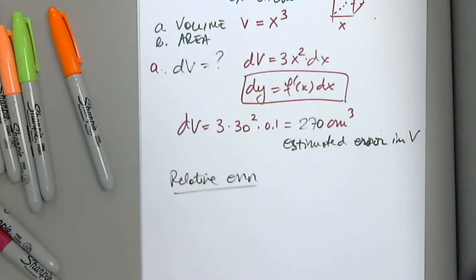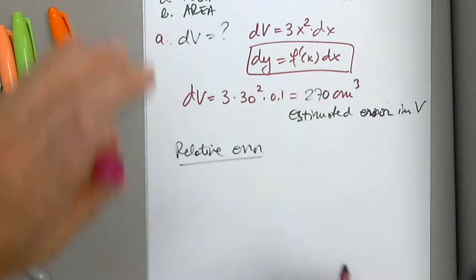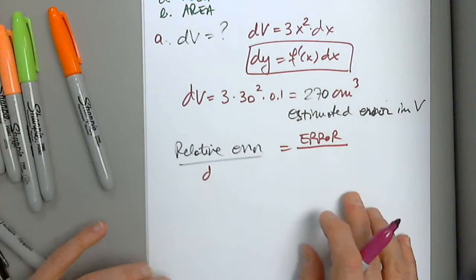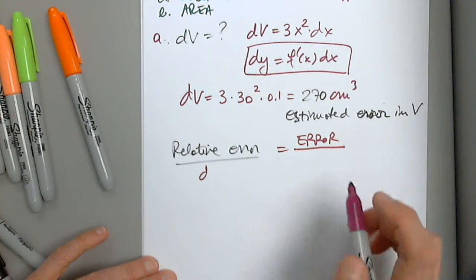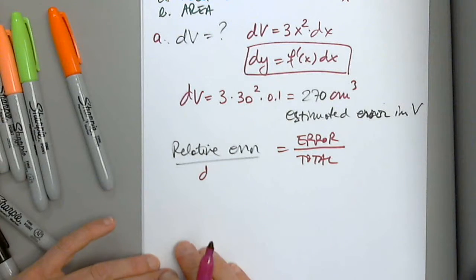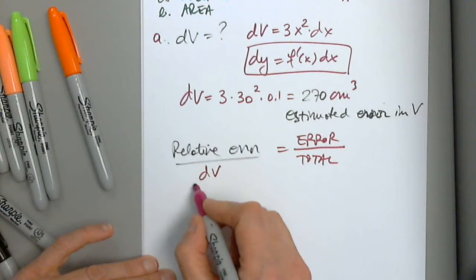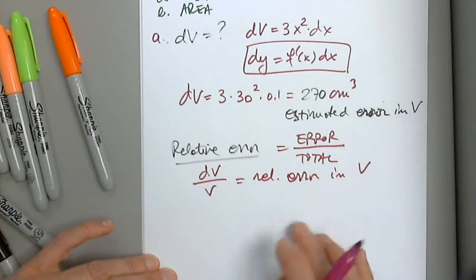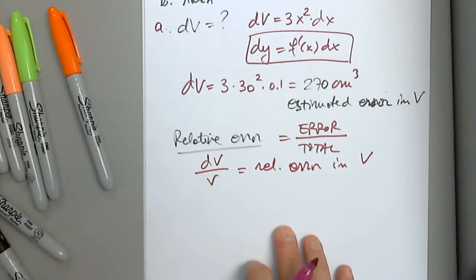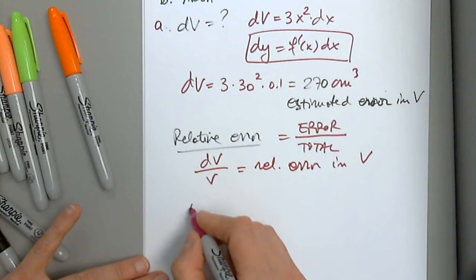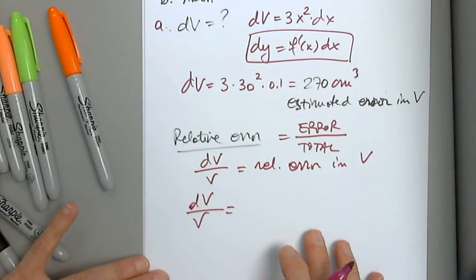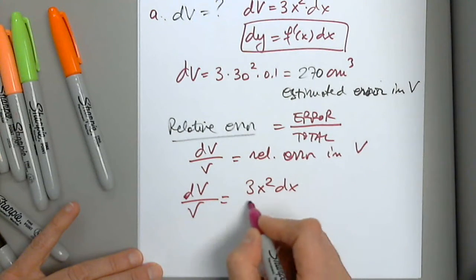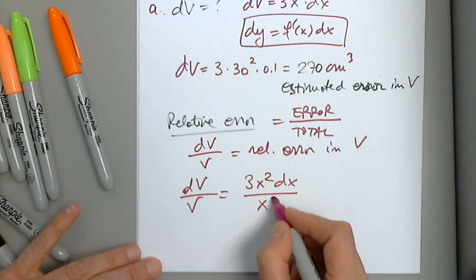Perfect. The relative error is the error over the total. So dV divided by V will be the relative error in volume. dV over V, I like to write it like this: dV was 3x squared dx divided by x cubed.